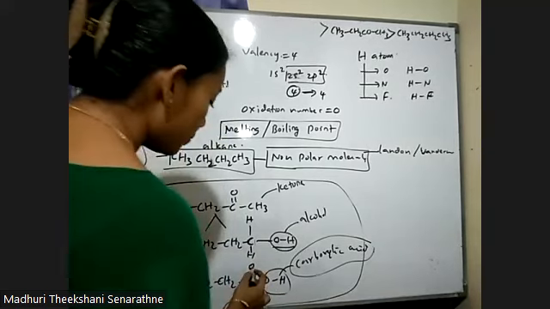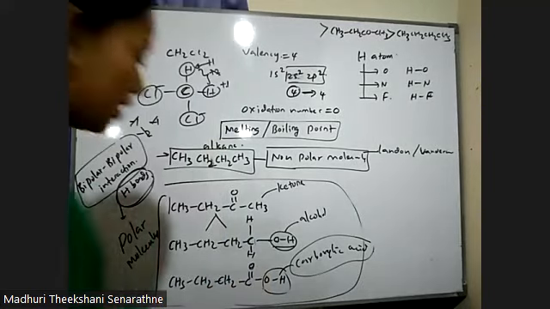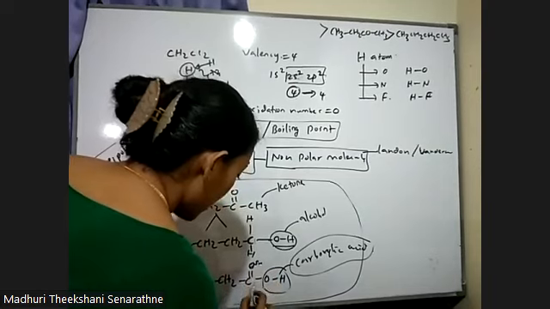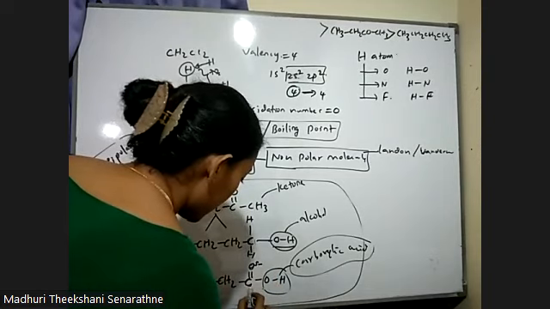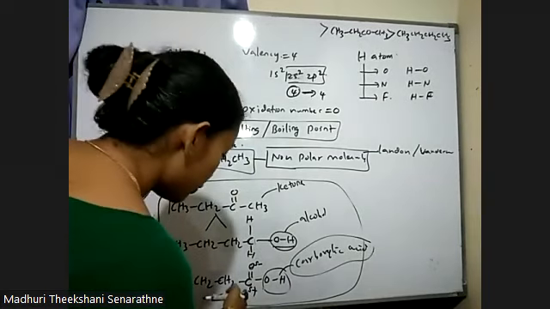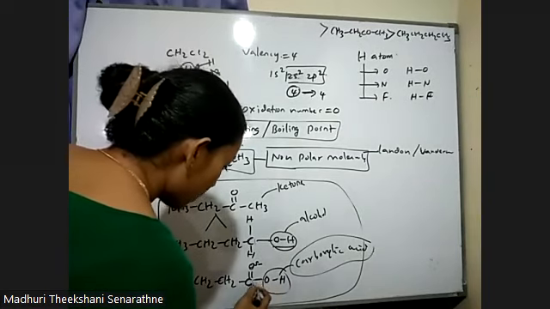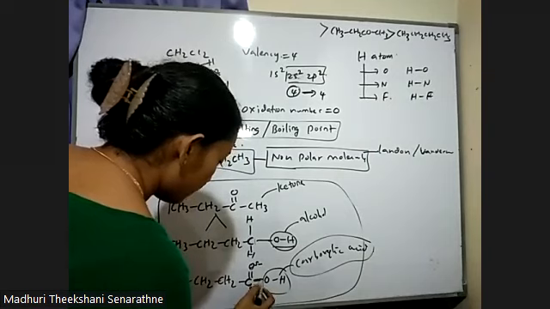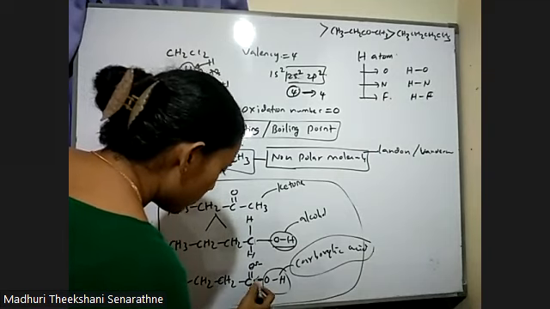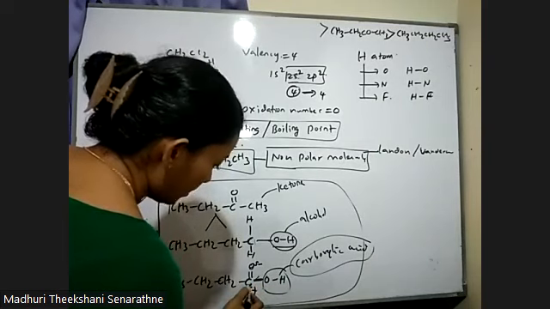Due to the electronegativity of the oxygen atom, it takes a delta minus charge and therefore the carbon takes a delta plus charge. Due to this plus charge, the electrons of this bond are pulled toward this carbon.